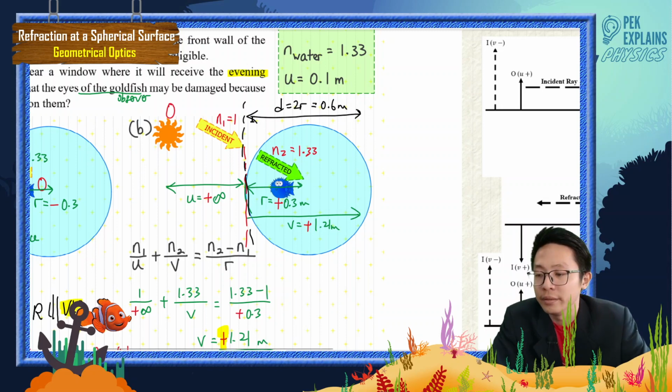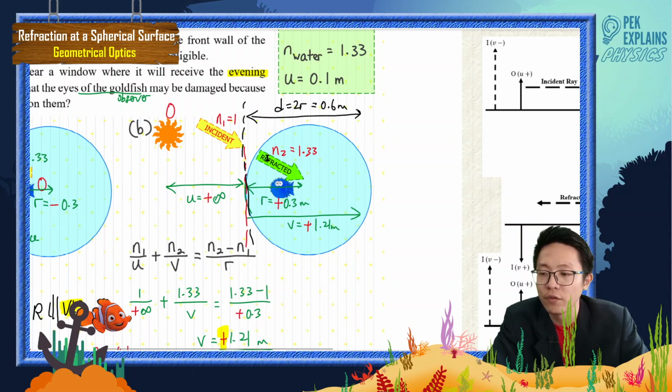Oh, the diameter of the fishbowl is only 0.6 meter. That means this image distance of 1.21 meter is larger than the diameter of the fishbowl. So the sunlight won't focus inside the fishbowl.